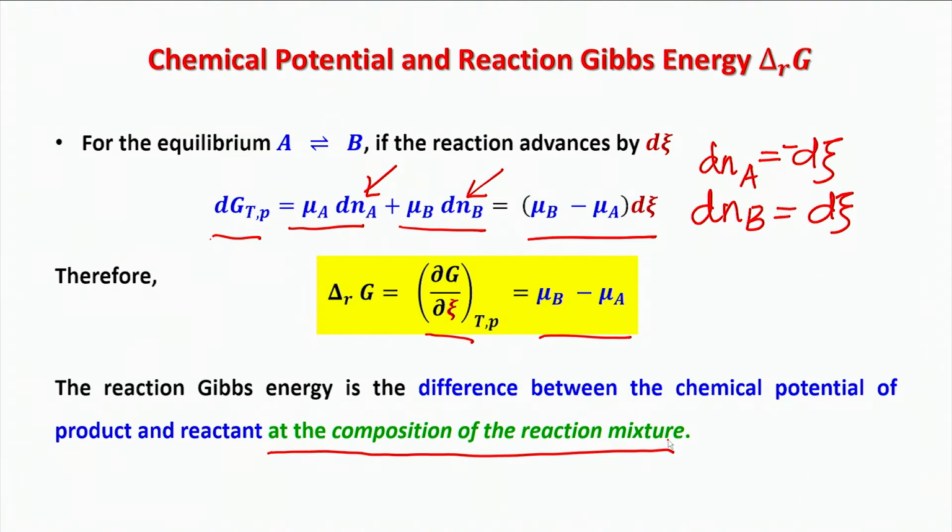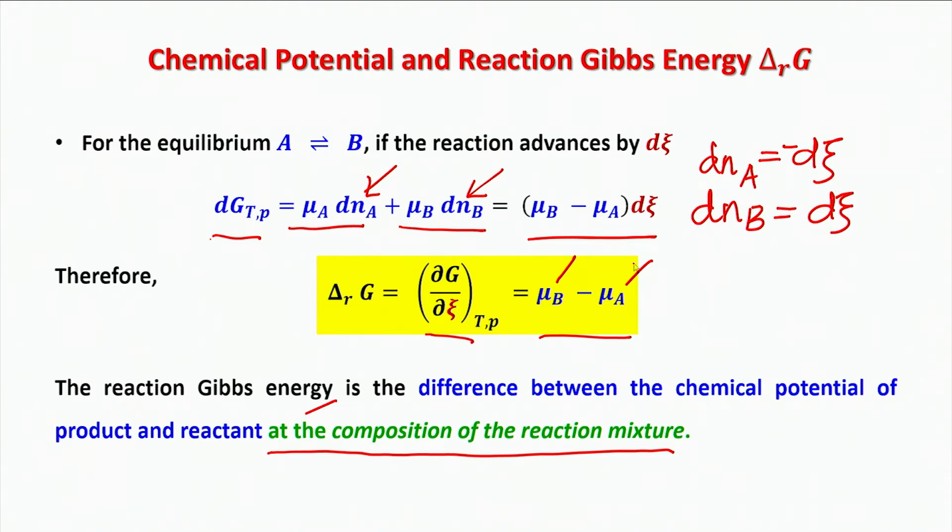Now, as you see, here reaction Gibbs energy is a function of temperature and pressure. Why is that so? That is because each of these chemical potentials are functions of temperature and pressure themselves. And what I find is that by the Gibbs-Duhem relationship, chemical potentials will be related to the composition of the reaction mixture.